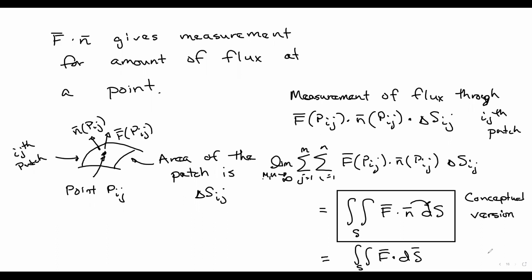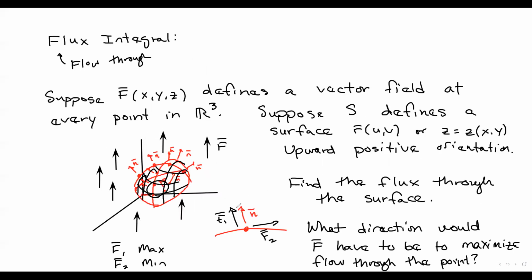Oh, you know what? One thing I will mention, in terms of the evaluation version: the goal here is to figure out whether f has the same direction as n, to ensure that the length of n does not end up factoring into the calculation of the flux. You want n to be a unit normal.